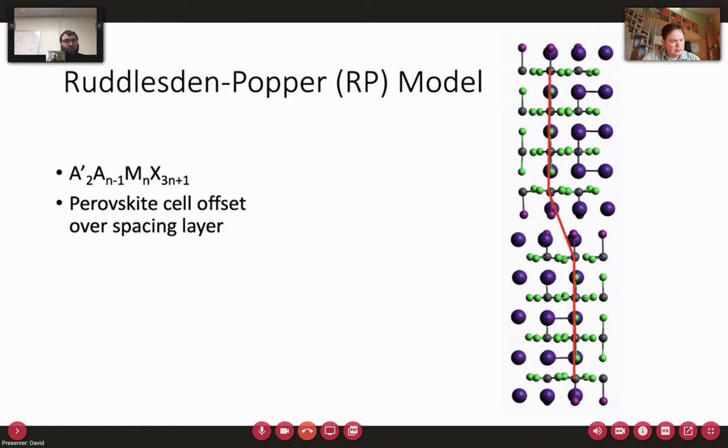Is there an expectation to have a potential energy barrier for an electron at this offset? I would expect there to be one. I wouldn't expect it to be very large.